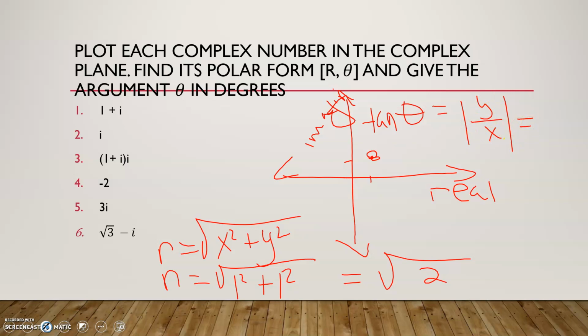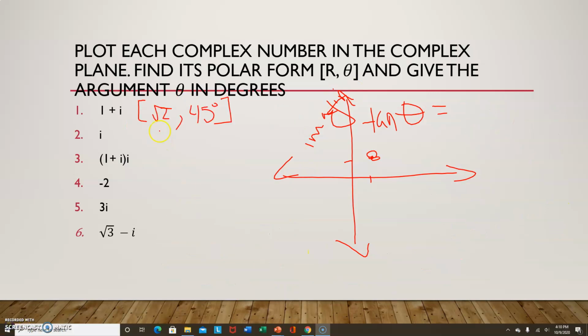And so ours is the absolute value of our x and y. Remember, we're 1 and 1, so it's 1 over 1. If I put that in my calculator, the tan inverse of that gives me 45. So my theta is 45. So for the first one, let me go ahead and erase some of this. We get root 2, 45 degrees.